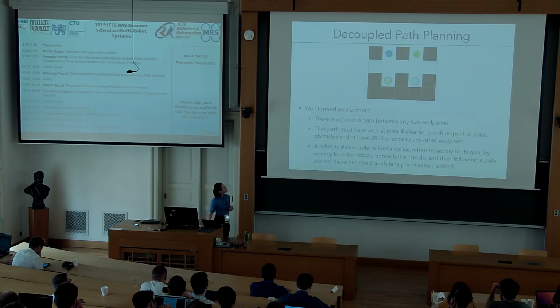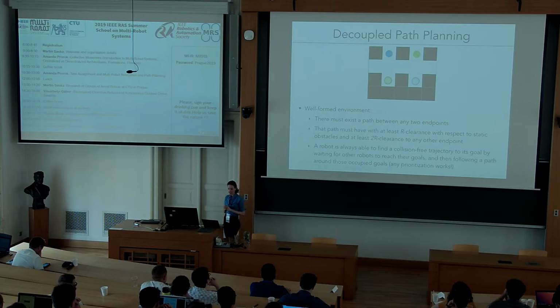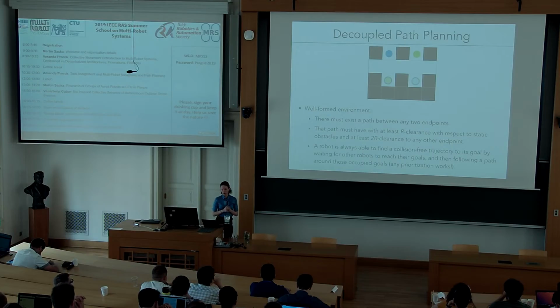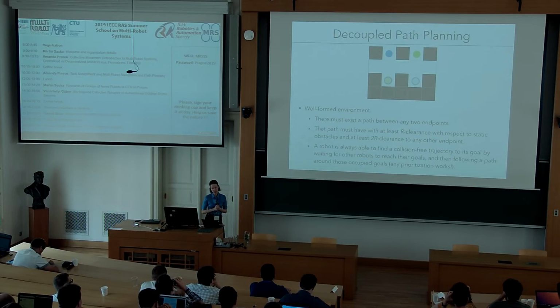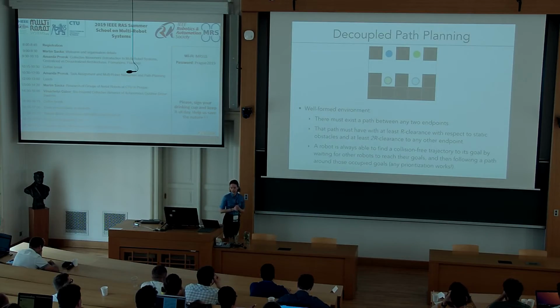And so, just for a small example here, we can place starts and goals in this manner in an environment that looks this way. And we know that the paths here must have at least R clearance, where R is the space that a robot inhabits with respect to obstacles, and at least 2R clearance with respect to any other endpoint. And the robot is then always able to find a collision-free trajectory to its goal by waiting for other robots to reach their goals and then following its own path planned around those occupied goals, right?